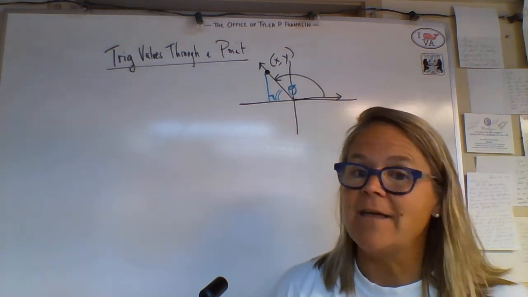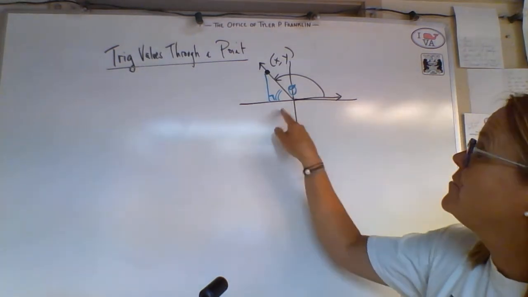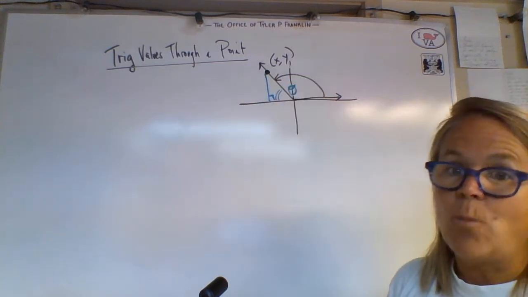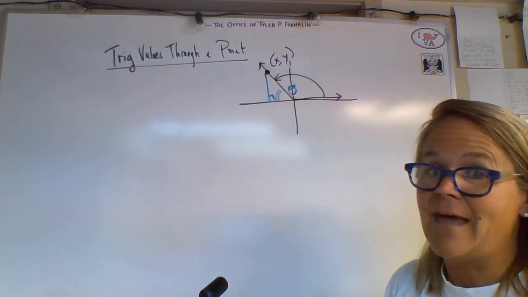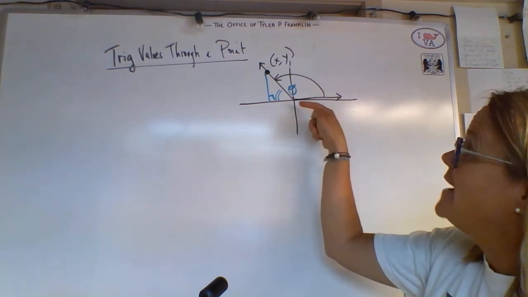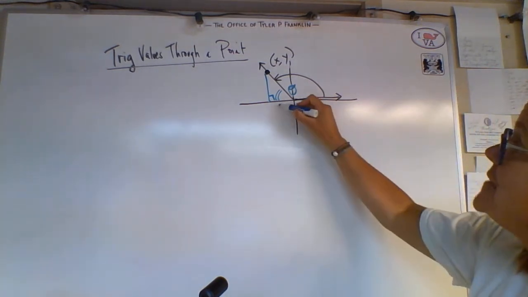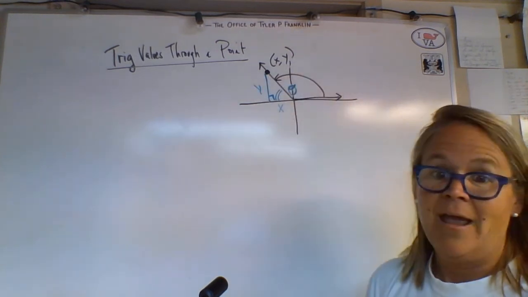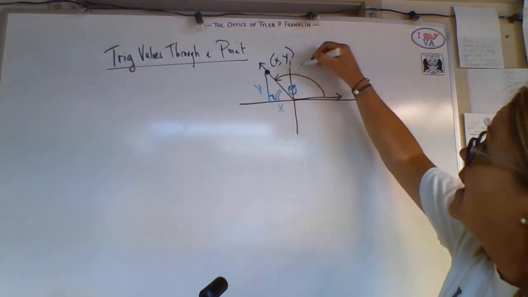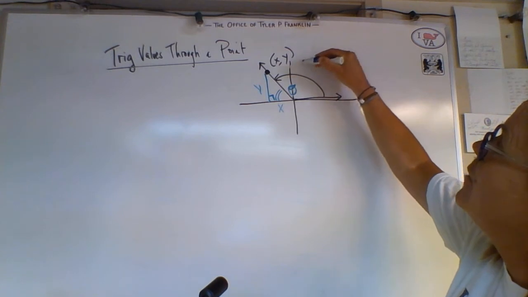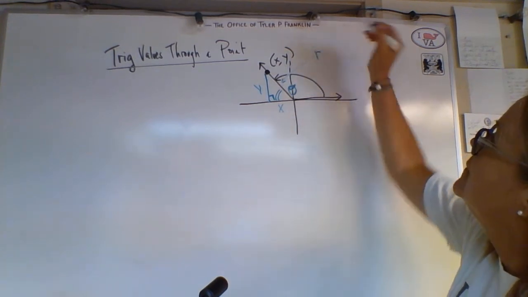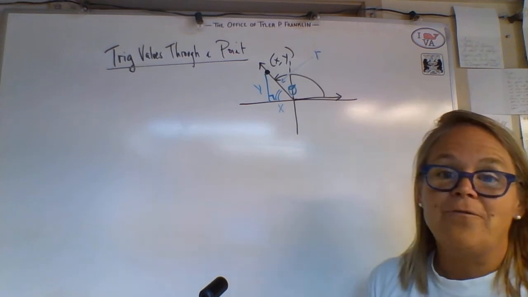That right triangle has three sides. I know that point is x, y. To get to that point, I went left x, up y. And then I have this hypotenuse, which in this case they call r. How would you find r?